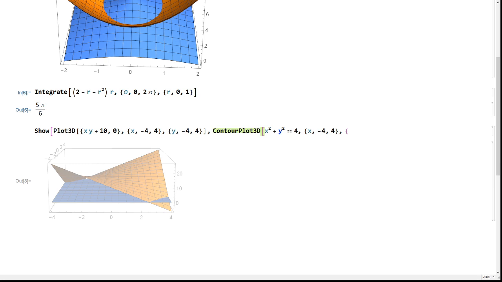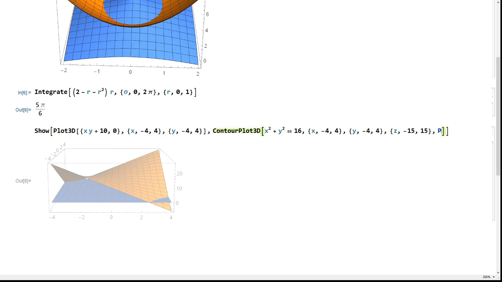Y goes from minus 4 to 4. And z goes from, I don't know, minus 15 to 15, I guess. Should be good enough. All right, and we're going to use Show so we can plot both a Plot3D and a ContourPlot3D on the same set of axes.